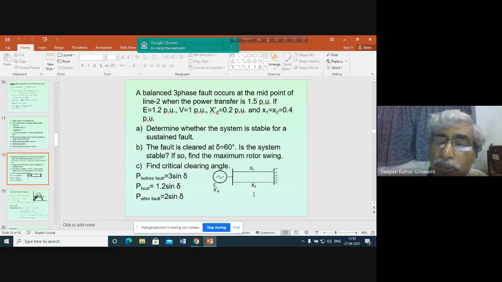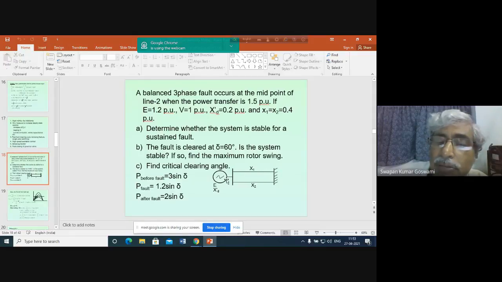And for 1.2 sine delta, because of these reactances, from this bus to ground is 0.2, from this bus to ground is 0.2. So you have a reactance here, another reactance here. This reactance from this bus to ground will have no impact on the power flow of the line. So you have a reactance from here to ground, a reactance from here to here, and a reactance here.